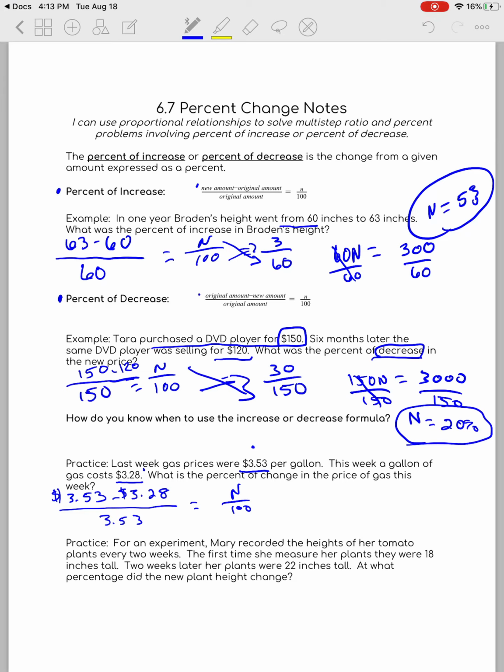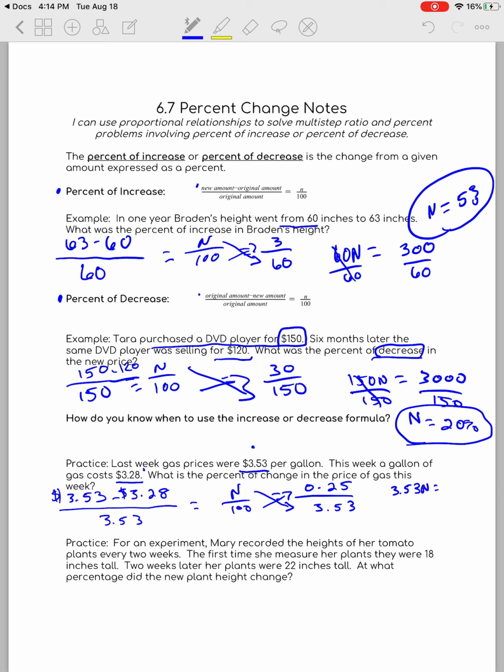So it is $3.53 minus $3.28. That's 25 cents. So we have 0.25 over top of 3.53. And I'm not writing the dollar signs in here just so it's less confusing and it's a little bit more open. But just remember we're talking about money and the final price.